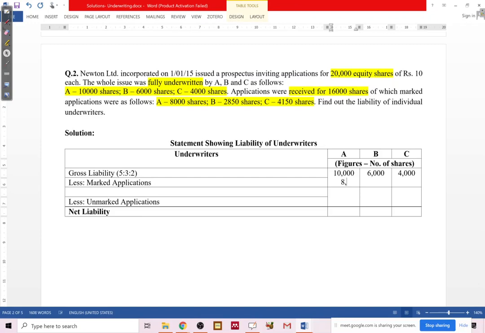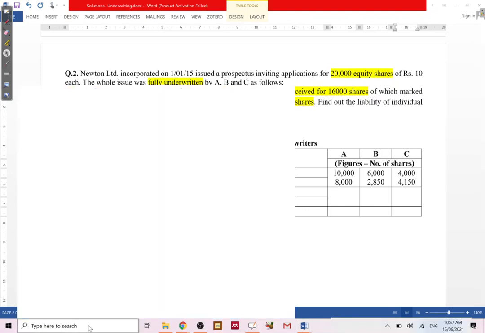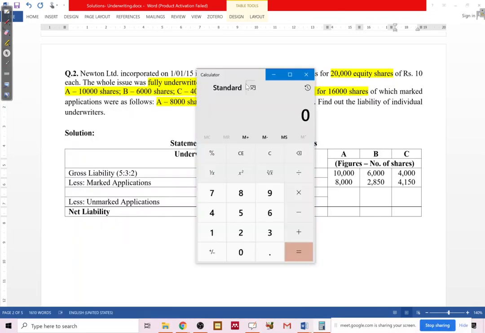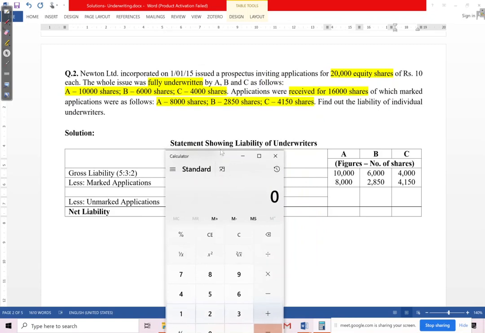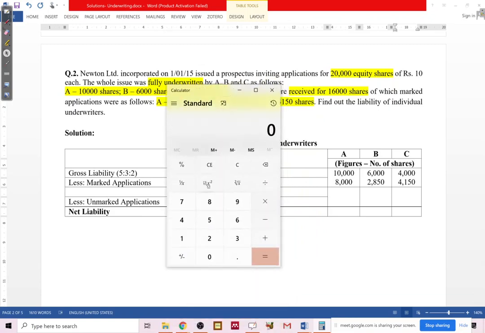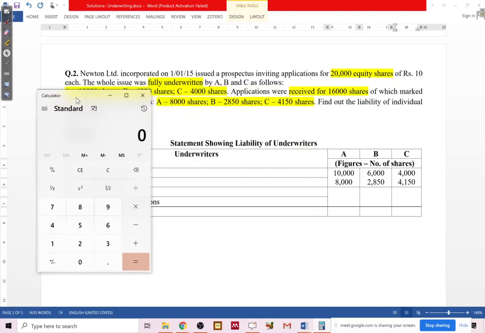A managed to sell 8,000, B has managed to sell 2,850, C has managed to sell 4,150. Is this clear? Each one has managed to sell these many marked applications.